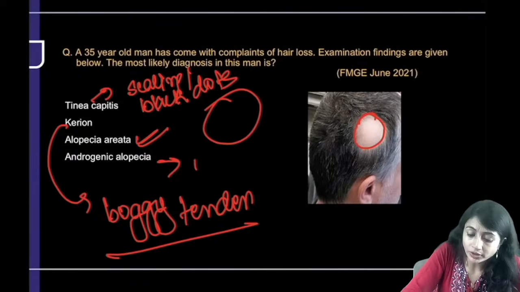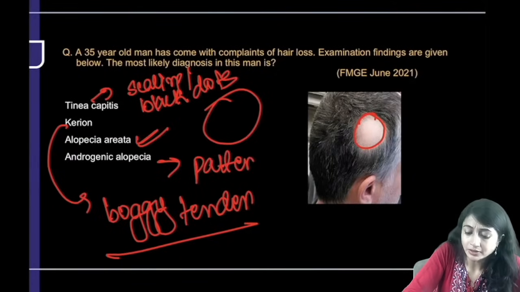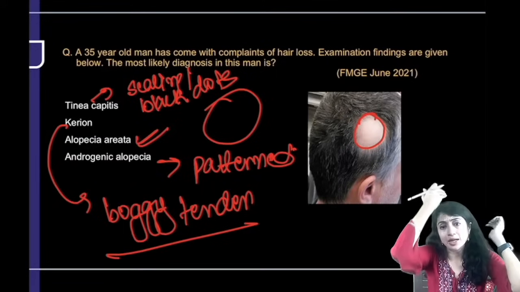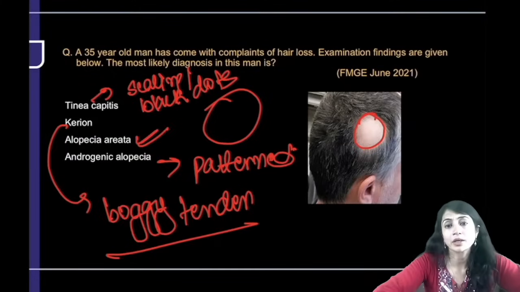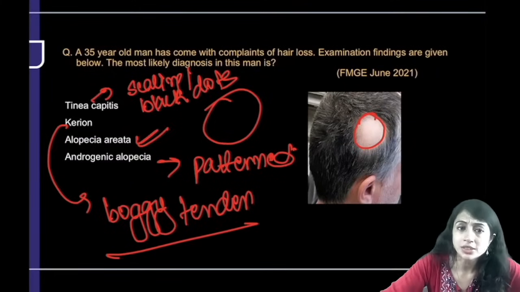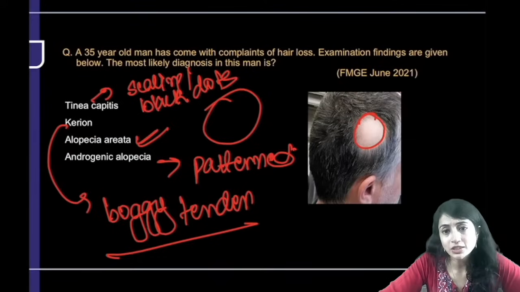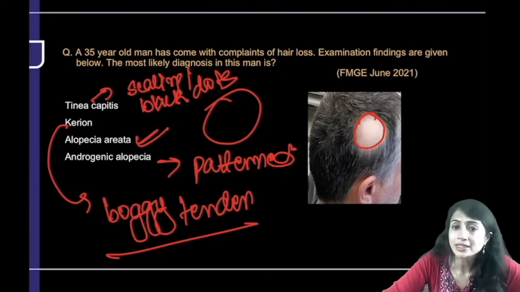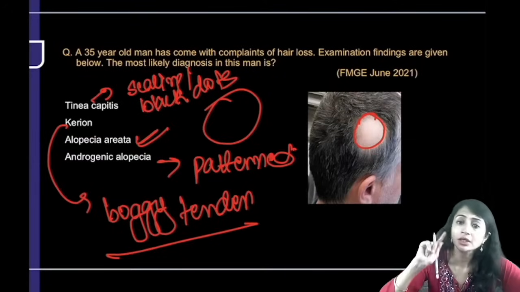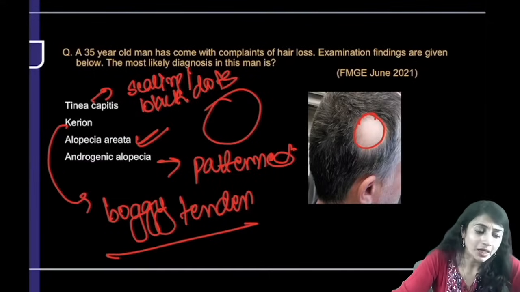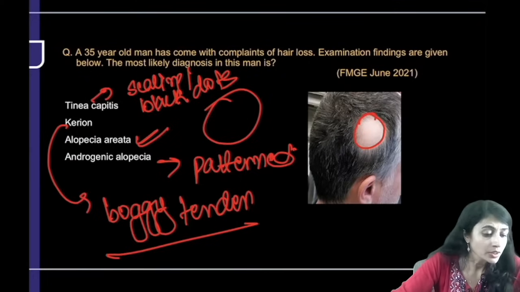Androgenetic alopecia, on the other hand, has patterned hair loss: frontotemporal recession in males and widening of the central parting in females. So this is alopecia areata, and most of you have already mentioned the sign associated with it. It is called the exclamation hair sign, which is seen on the periphery of the patch and is characteristic of alopecia areata. Yes, you're right. Kerion presents with painful boggy swelling.